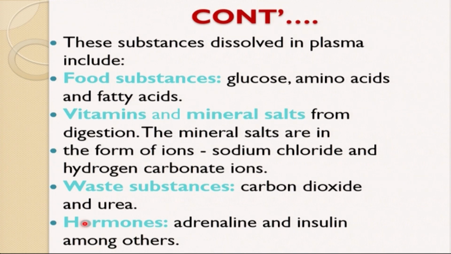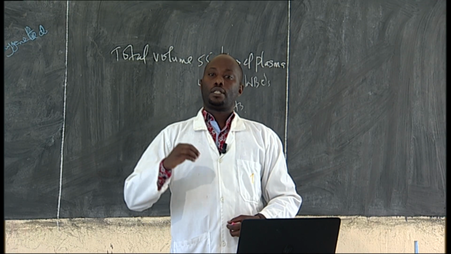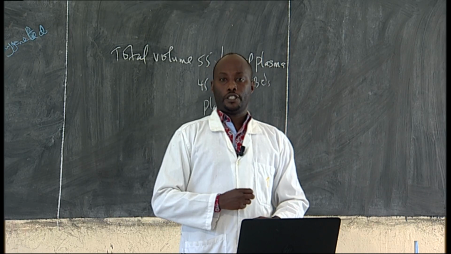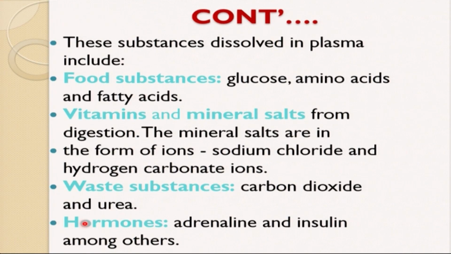Hormones are chemical messengers, and they are secreted by endocrine glands. Once they are secreted, they normally go to the target organ to cause an effect. So the blood plasma is composed of food substances, vitamins and mineral salts, waste substances, as well as hormones.